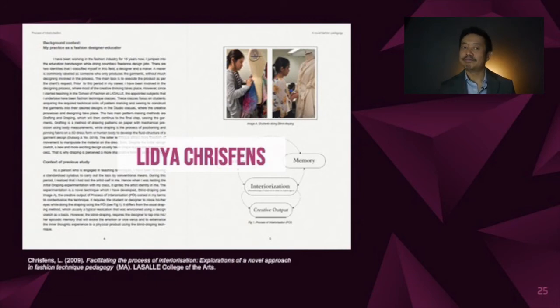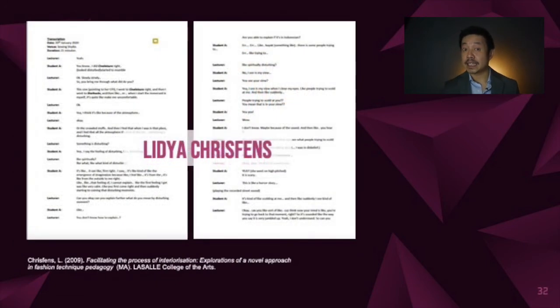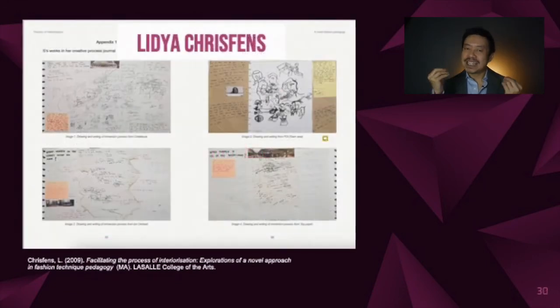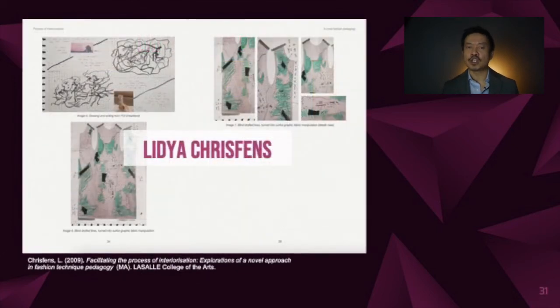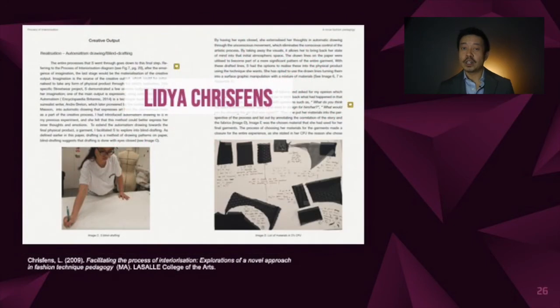For example, her student was at Scape Park in Orchard Road, and with her eyes closed, she was listening to the sounds from the environment. And so she journaled it down and translated those sounds and images from her own creative process journal into streetwear design, a design that received the highest mark in that student's cohort.